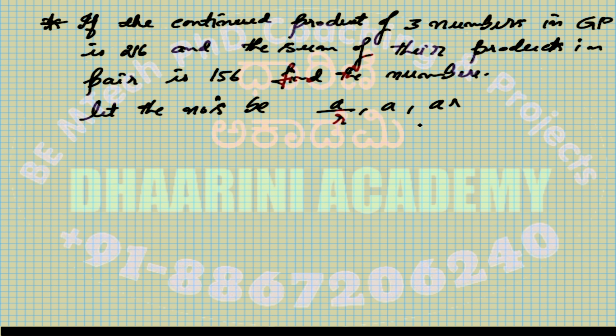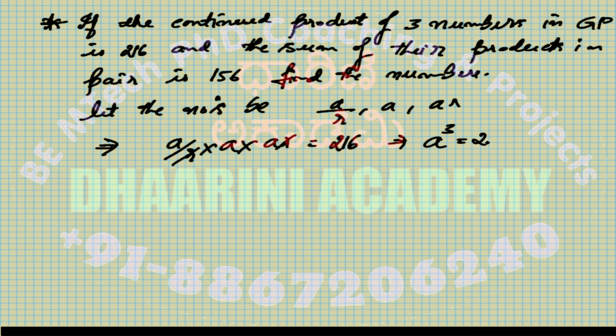But if you take like this, then you apply this. So the product a by r into a into ar is given as 216. So ar and r cancel. So a cube is equal to 216. Okay. When a cube is 216, you can say that a is equal to 6. Yes, I got the first term.